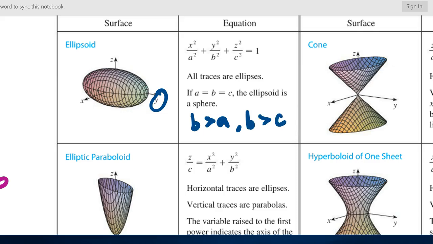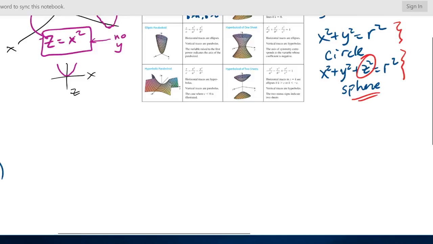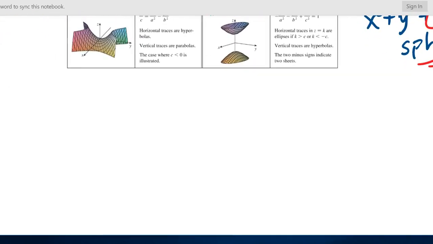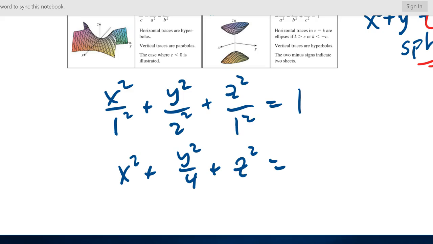For example, if b is 2 and a and c are both 1, let's look at that. So let's take it down. If we have x squared over 1 squared plus y squared over 2 squared plus z squared over 1 squared equals 1, then this becomes x squared plus y squared over 4 plus z squared equals 1.